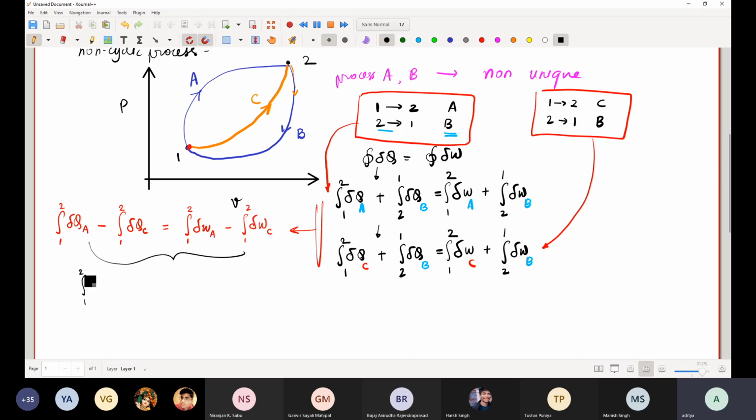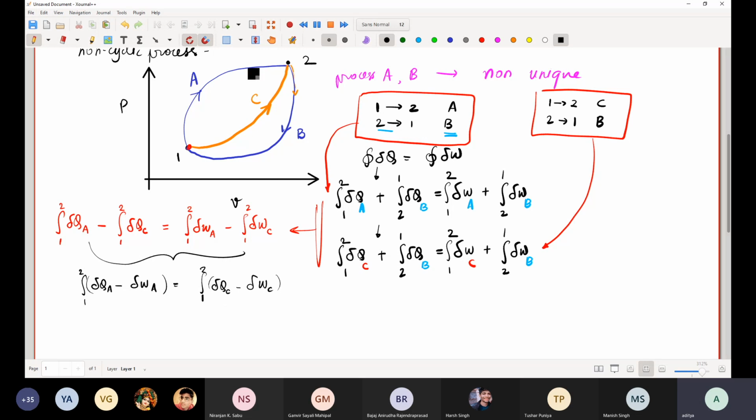So I have the integral from 1 to 2 of del Q A minus del W A is equal to the integral from 1 to 2 of del Q C minus del W C.